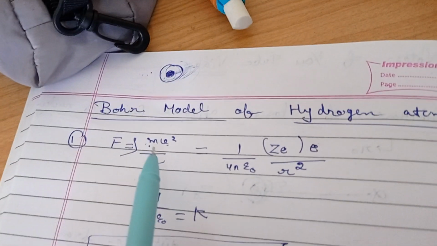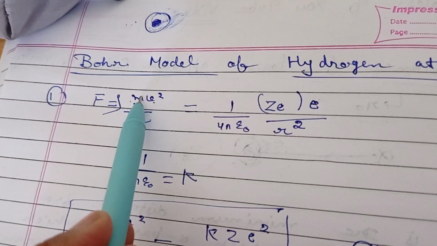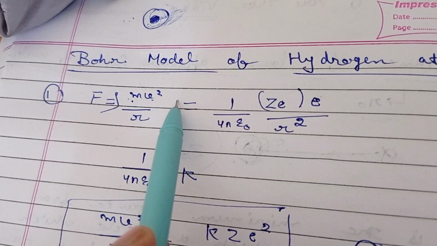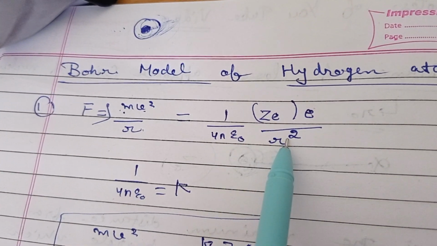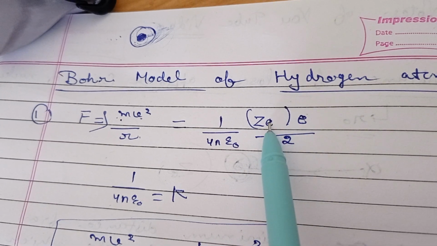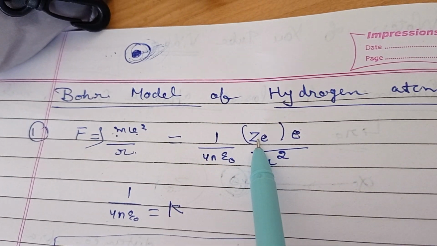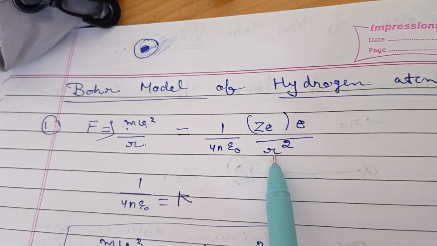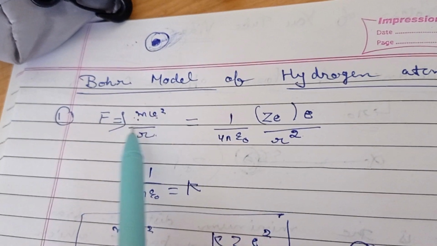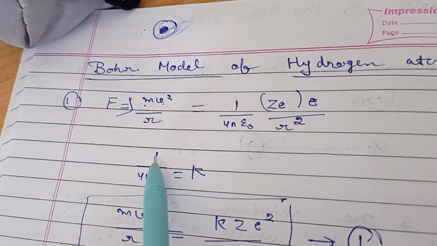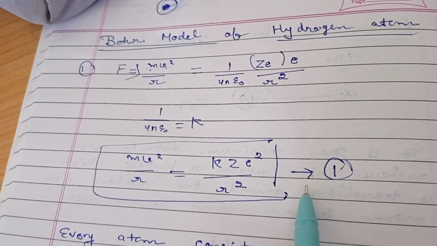In the language of mathematics, the centripetal force is equal to the electrostatic force of attraction according to Coulomb's law, with the product of the positive and negative charges over the square of the distance between the charges, and you can write 1/(4πε₀) as k. So the expression will be like this.